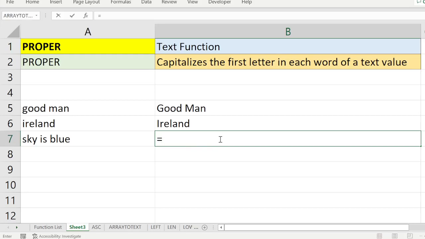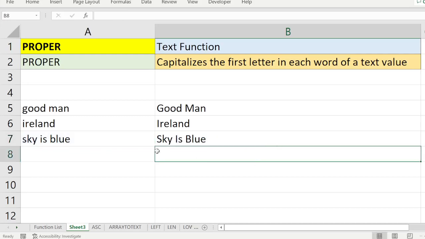Similarly for PROPER of "sky is blue". See, sky, the first word, first character is capitalized, which is capital S, then "is" also capital I, blue also capital B.